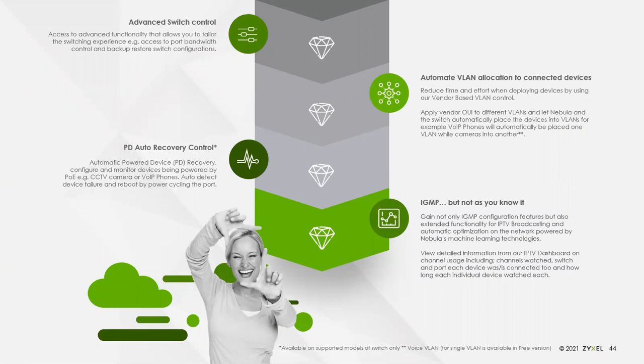So that way, for devices such as VoIP phones, which you need to have on their own VoIP VLAN, but don't have a web interface to log in and authenticate with, if you know the first digits in that MAC address for those phones, it will be able to automatically recognize, hey, that's a phone, it needs to be on this VLAN, and move them to that voice VLAN. And you can use it for some other stuff as well. Cameras is another popular one that people use this feature for.